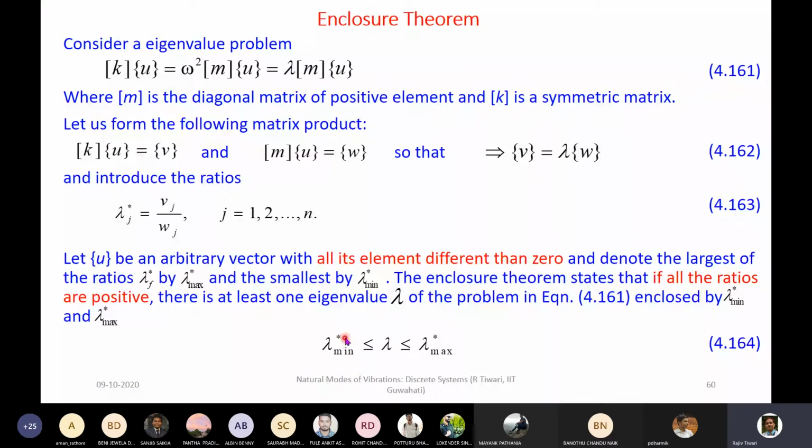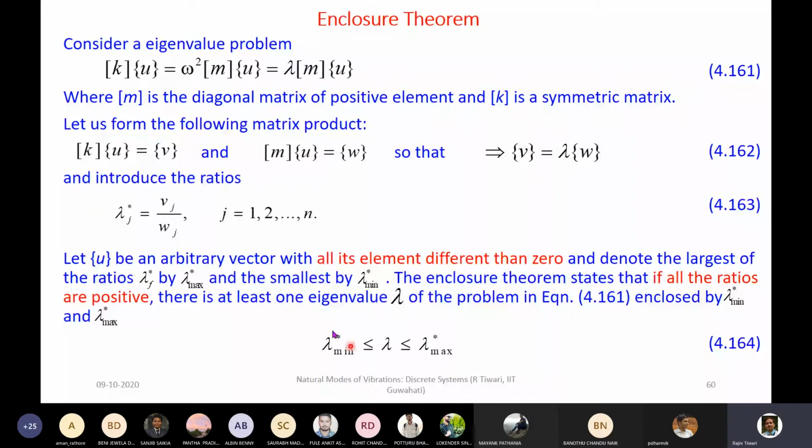We are ensuring that these ratios are not negative; if we get negative ones, then we need to choose a different u. So u should be chosen such that it is not 0, and the ratios we get after multiplication should be positive. Then one of the eigenvalues will be within this range of the ratio, giving some idea about the eigenvalue within these two limits.